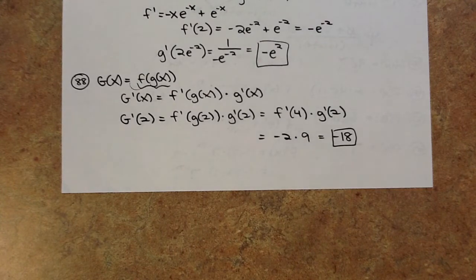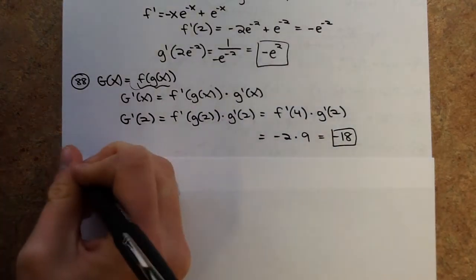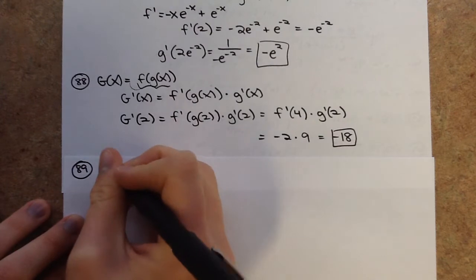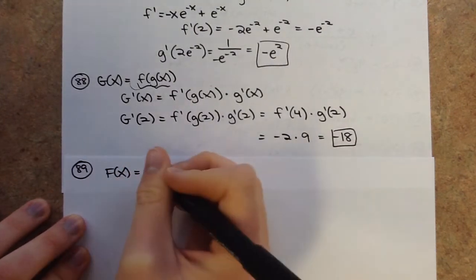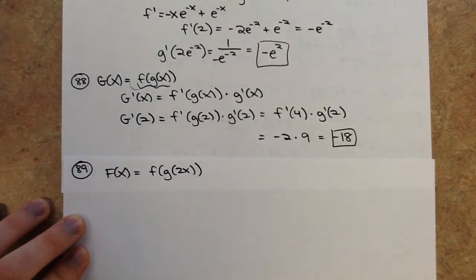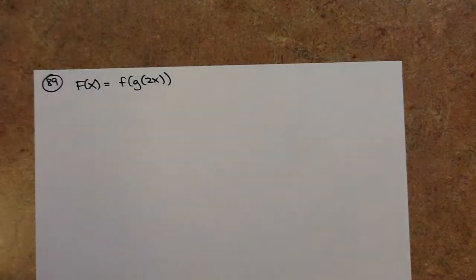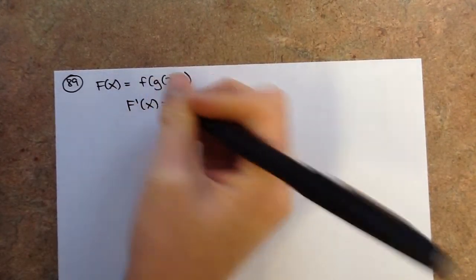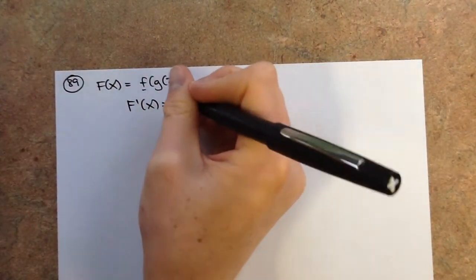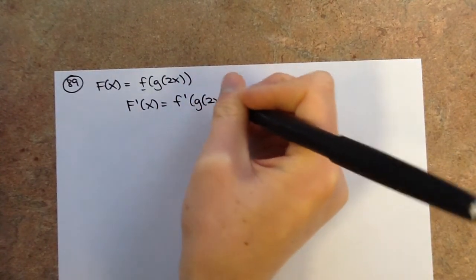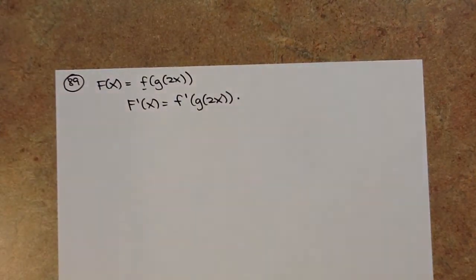So I've got two more of basically the same type of problem. So I've got 89. Okay, so f of x, this one's like a double chain rule sort of situation. So let's start by finding the derivative. So f prime of x equals, so the main function is f, so I take the derivative of f, leave my nested function in place, and then I multiply by the derivative of the nested function.